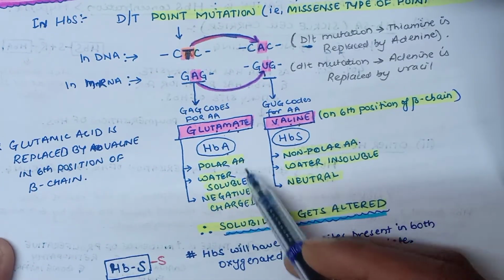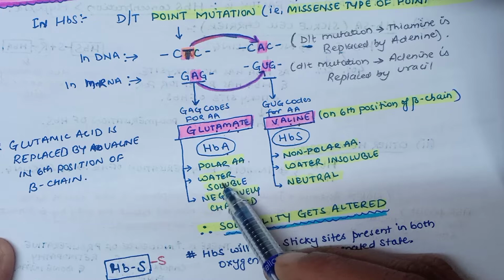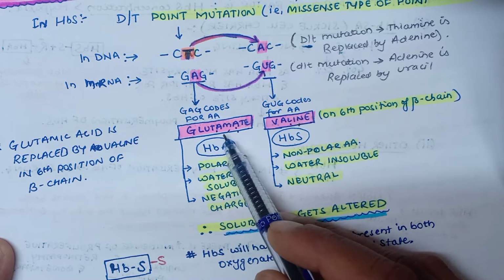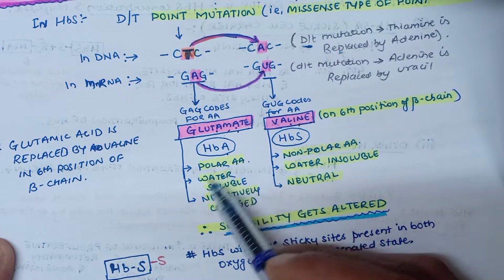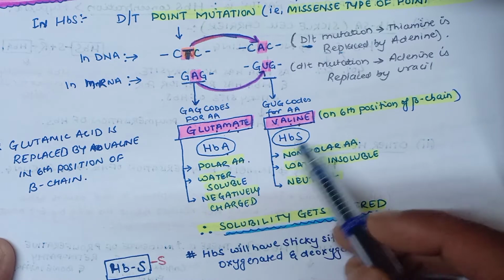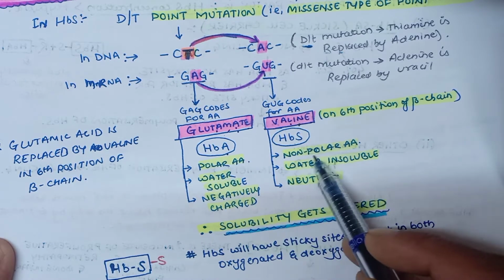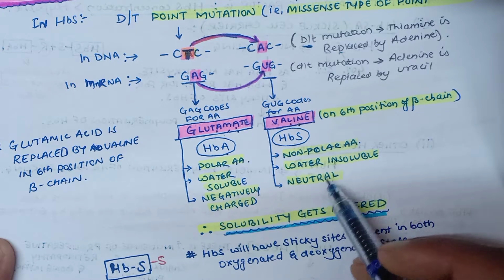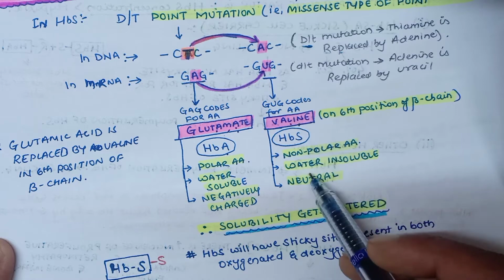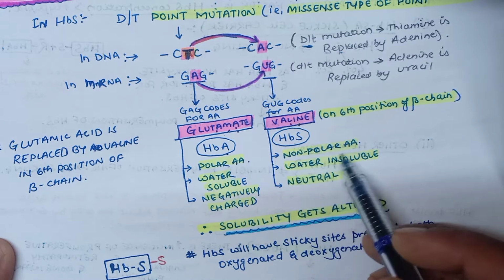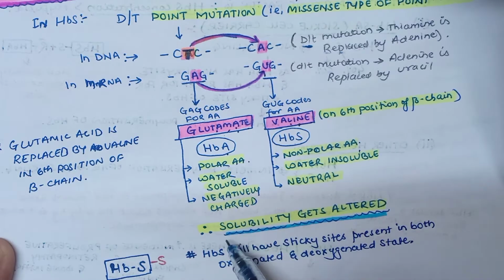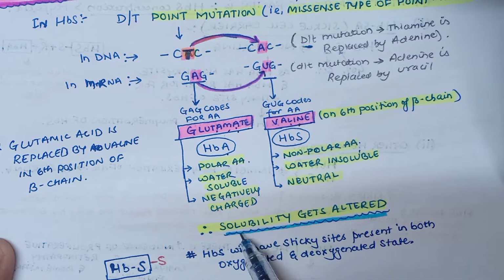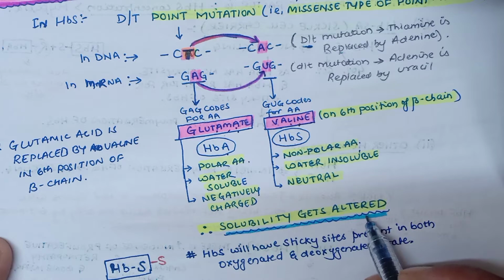Glutamate is a negatively charged, water soluble, polar amino acid, whereas valine is a non-polar amino acid, water insoluble, and neutral. Therefore there is a change in solubility.